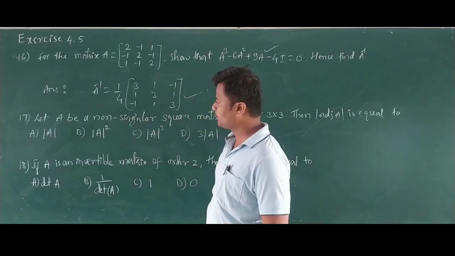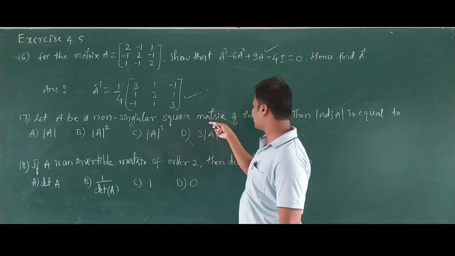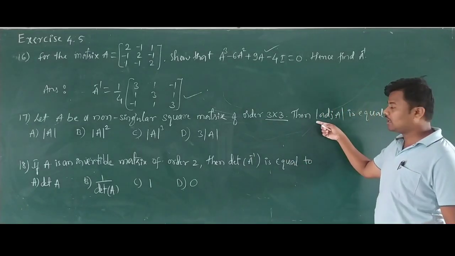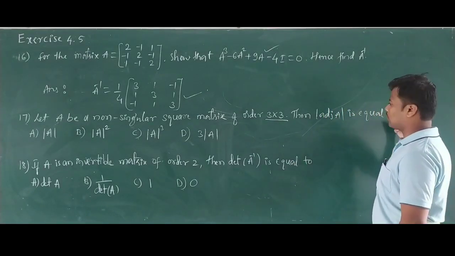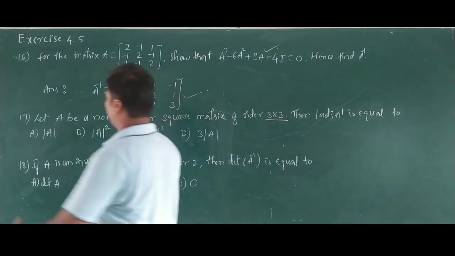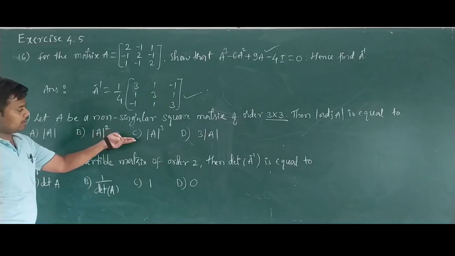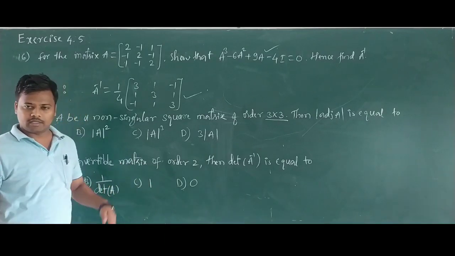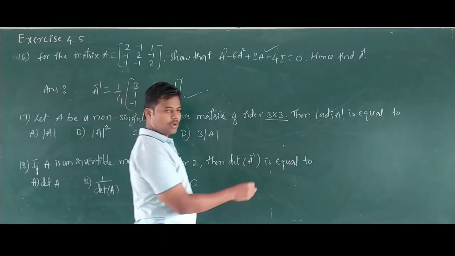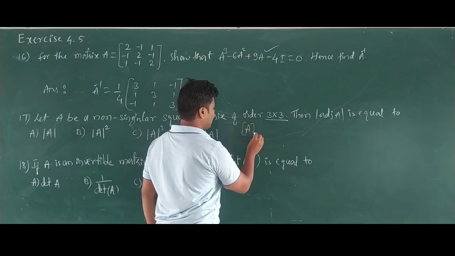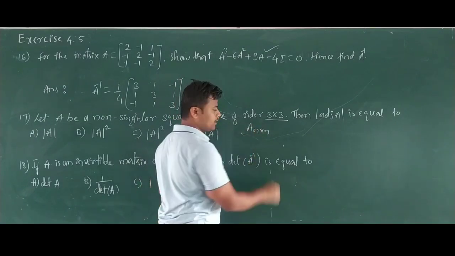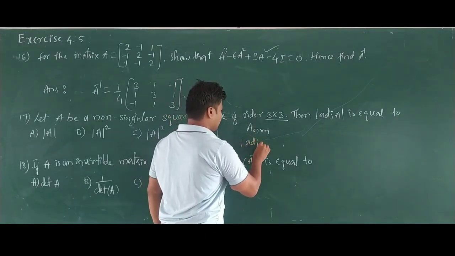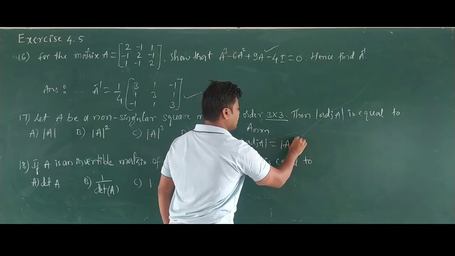Next, the 17th one. Let A be a non-singular square matrix of order 3 by 3. Then determinant of adjoint of A is equal to: option A, determinant of A; option B, determinant of A square; option C, determinant of A cube; option D, 3 into determinant of A. Already I have said in general, if A is a matrix of order n by n, then determinant of adjoint of A is always determinant of A to the power n minus 1.